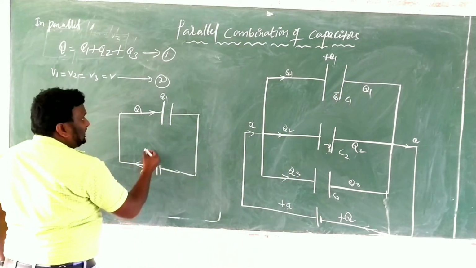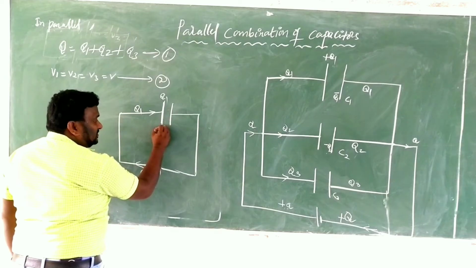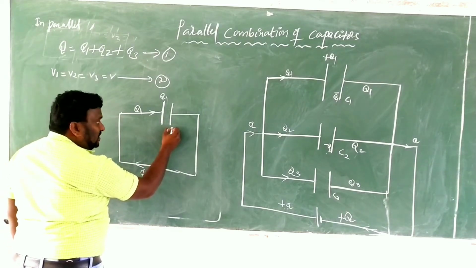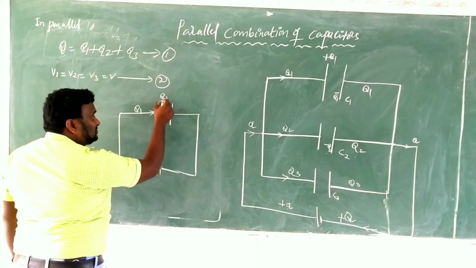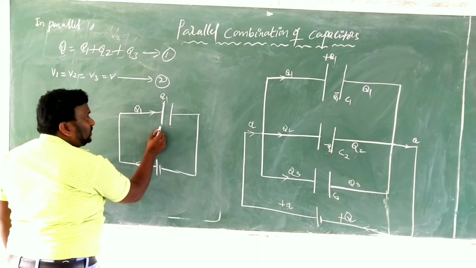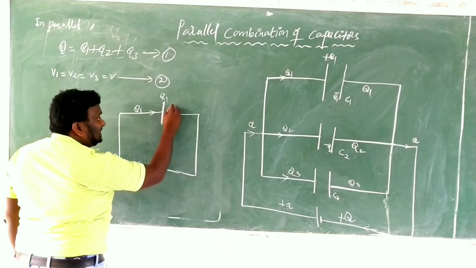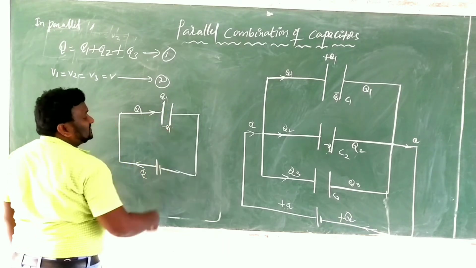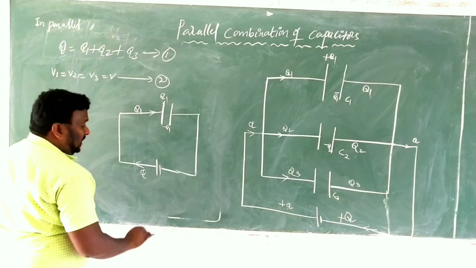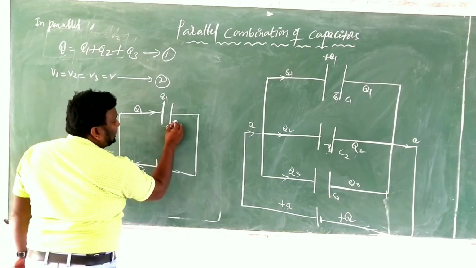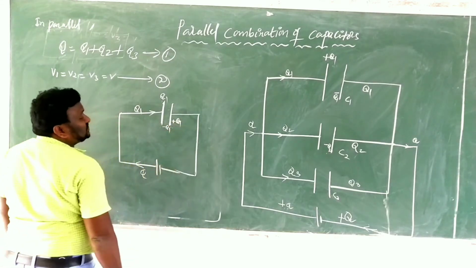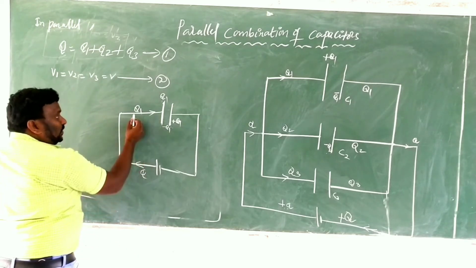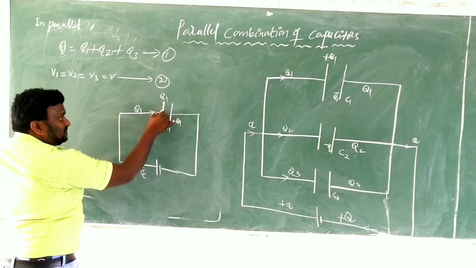After that, the first plate and second plate are separated by some distance. When there is some positive charge on the first plate, due to induction, some Q1 charge is developed inside on the second plate. In addition to that, outside, plus Q1 is developed. Clear? Q1 amount of charge is supplied to the first plate.